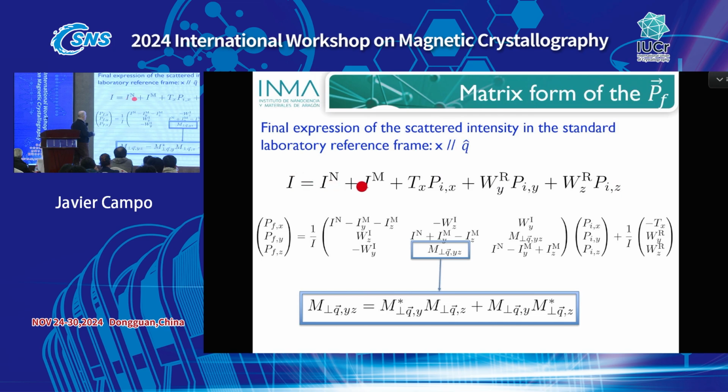This is for the intensity. Here you can see the chiral term and the interference vectors. And by manipulating all these expressions, you will see that the final polarization, a vector of 3 components, is 1 over the total scattered intensity and this matrix times the initial polarization plus something that depends on the chiral and the interference vectors.